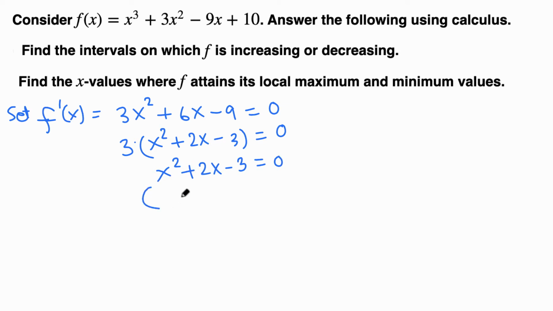Now we factor: x squared is x times x, and 3 is just 3 times 1, that's the only option. To get positive 2, we put the plus with the bigger number, 3, and the minus with 1.